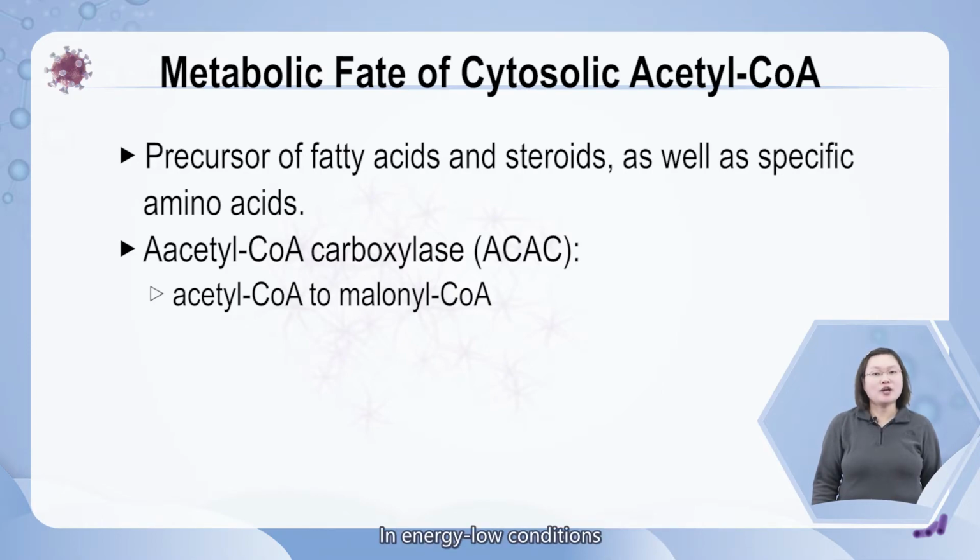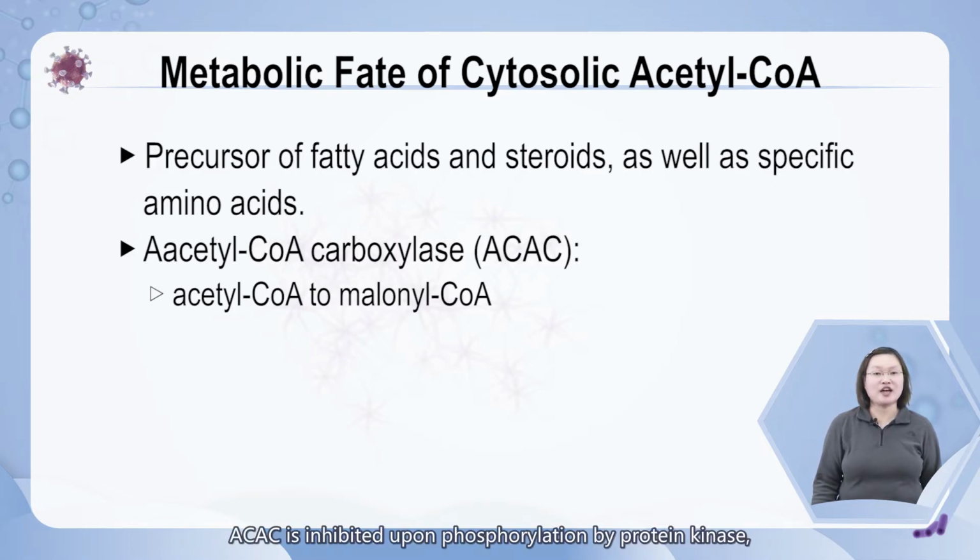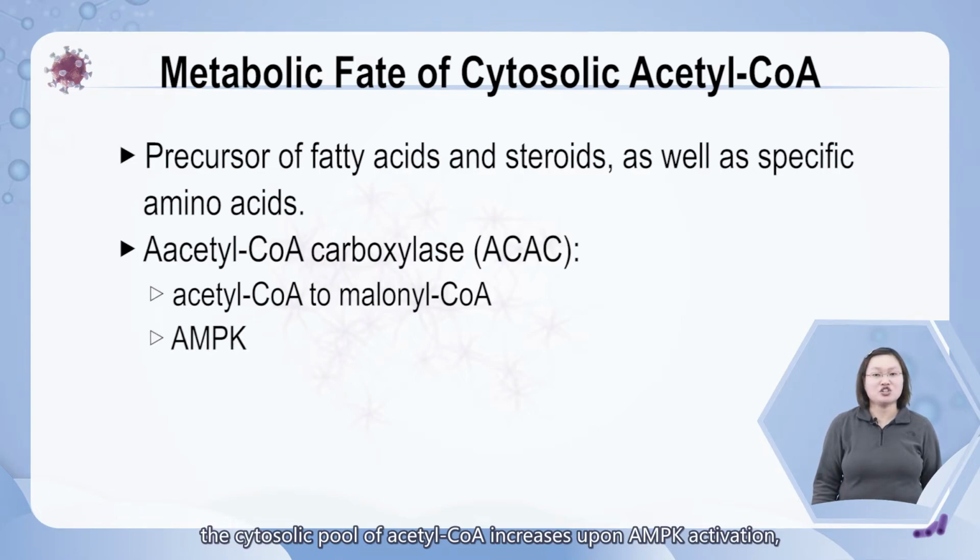In energy-low conditions, that is, when the cell has low ATP and high AMP levels, ACAC is inhibited upon phosphorylation by AMP-activated protein kinase.